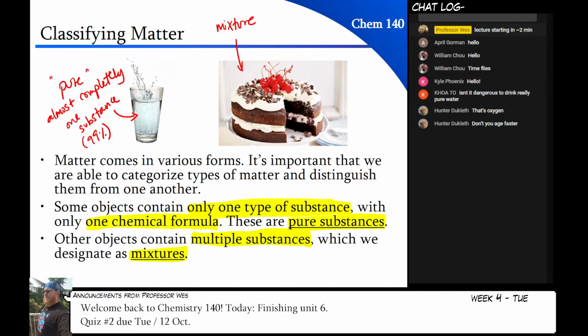Don't you age faster? I feel like that's one way to describe it, but I think that aging might be too complex of a mechanism to really agree with that statement just like straight up as written.